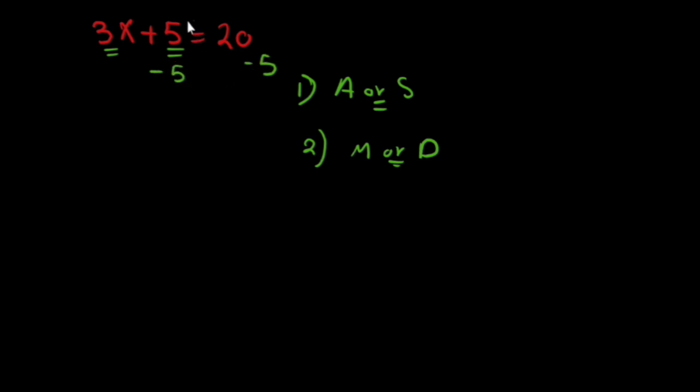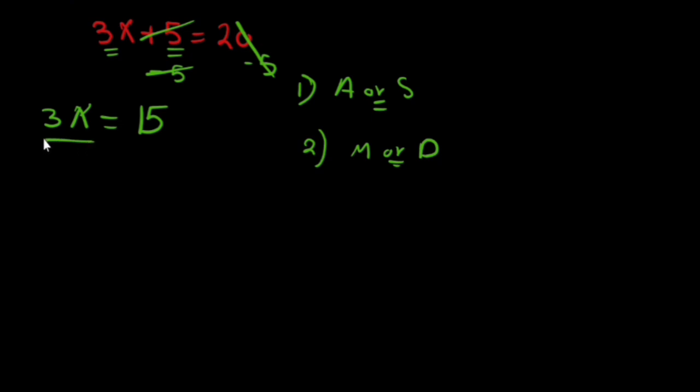Okay, plus 5 with the minus 5, the left is 0. And 3x equals 20 minus 5, which is 15. So 3x equals 15. And the next step, 3 is connected with x by multiplication.